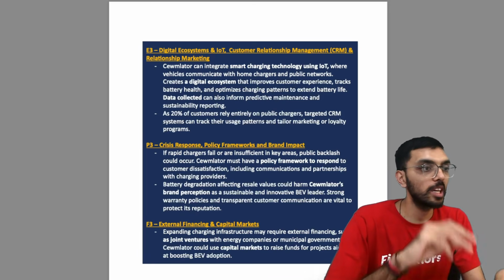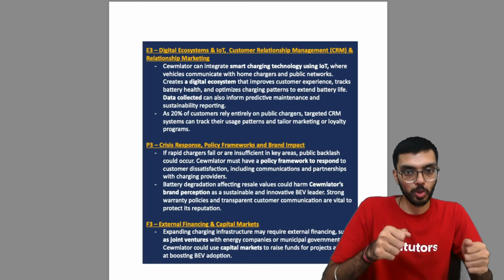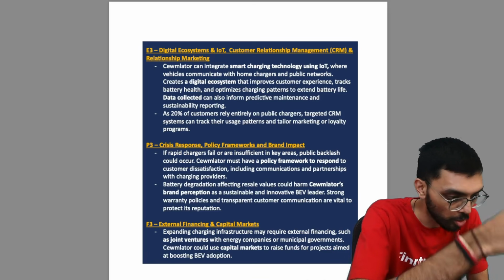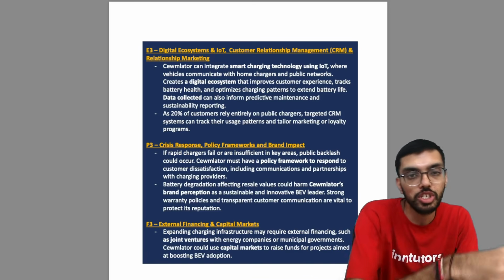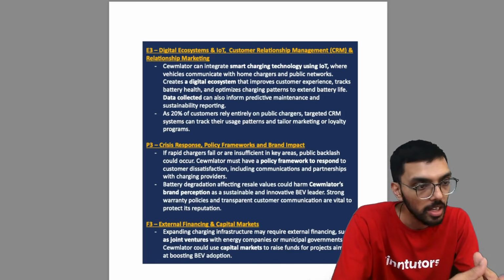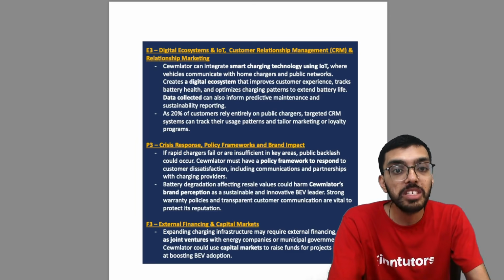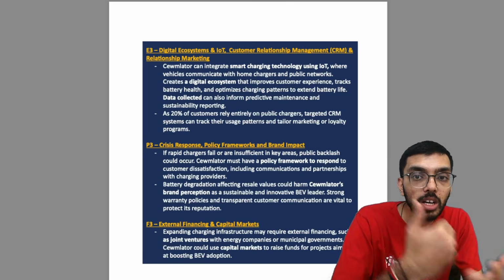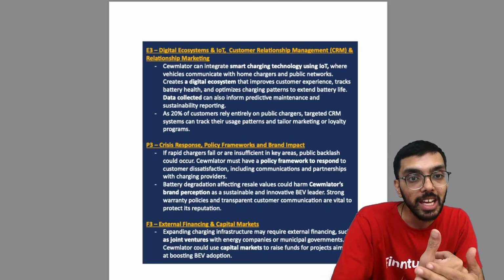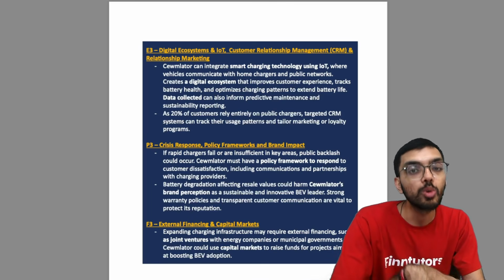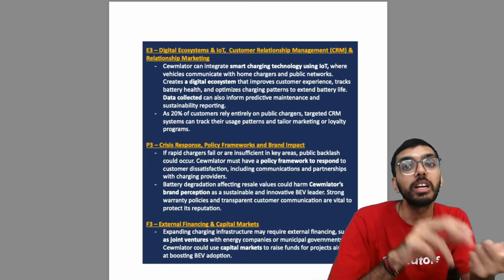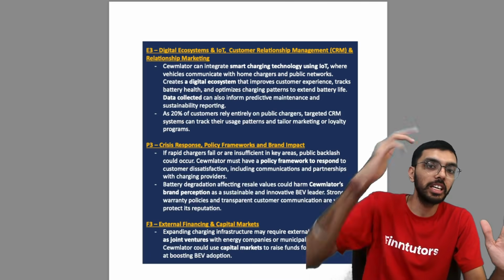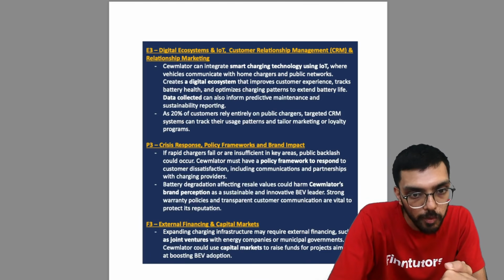On that app, it will tell you when you are supposed to charge, when you are supposed to remove it from charge. You can have a public network where you list all your charging points in the nearby vicinity. So all of this data you can collect to serve your customers in a better way. This is digital ecosystems, data management, customer relationship management, big data opportunity that we are speaking of.